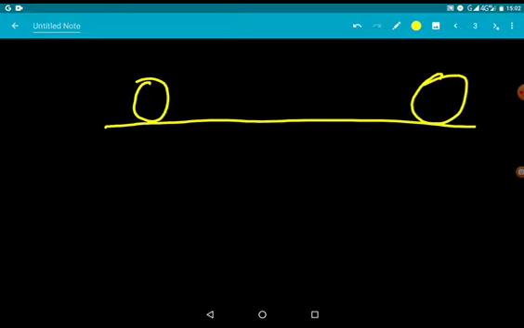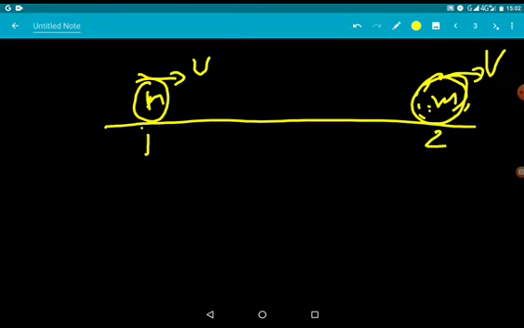Okay, if there is a mass which is initially going with velocity u, and its final velocity is v, the mass isn't going to change. So m is m in the two instances. This is the first instant and this is the second instant.